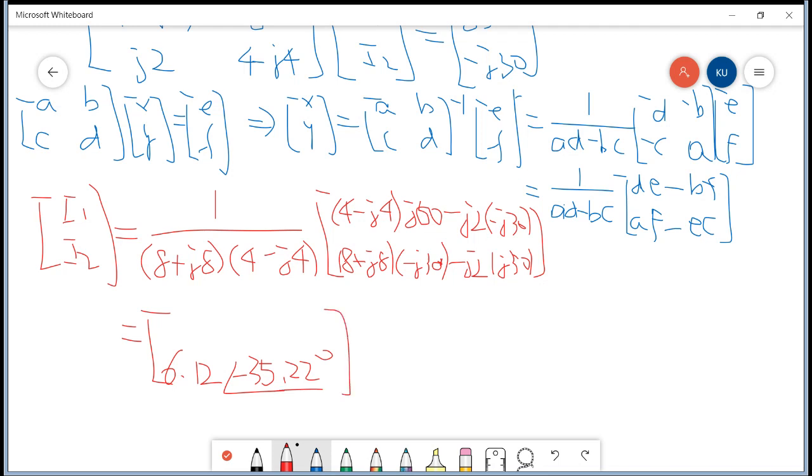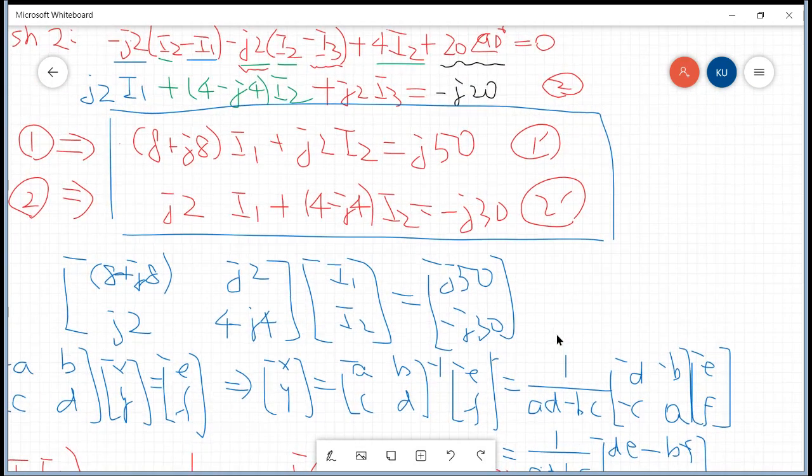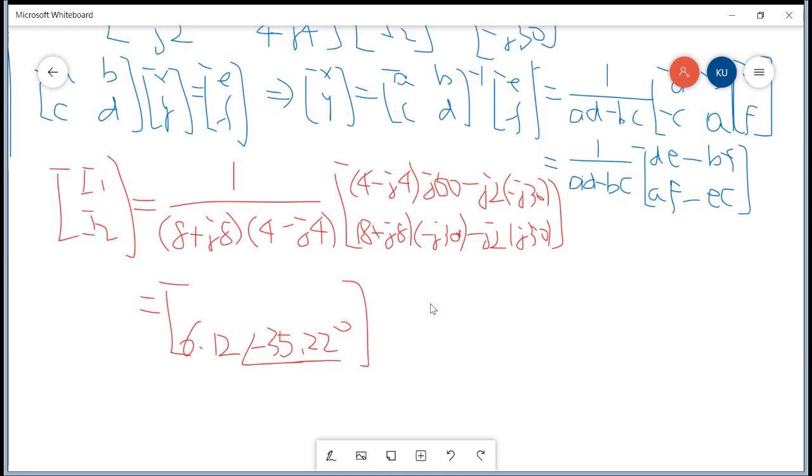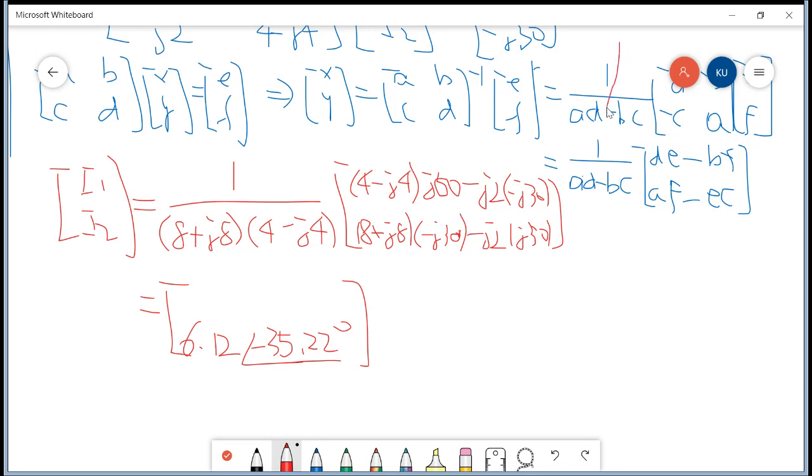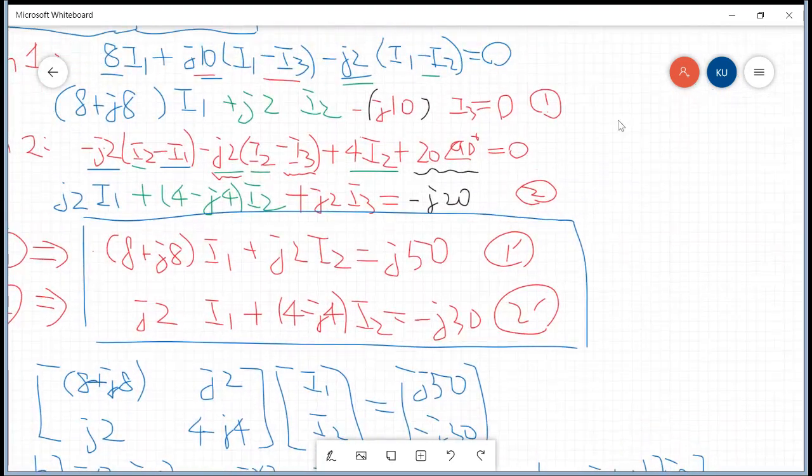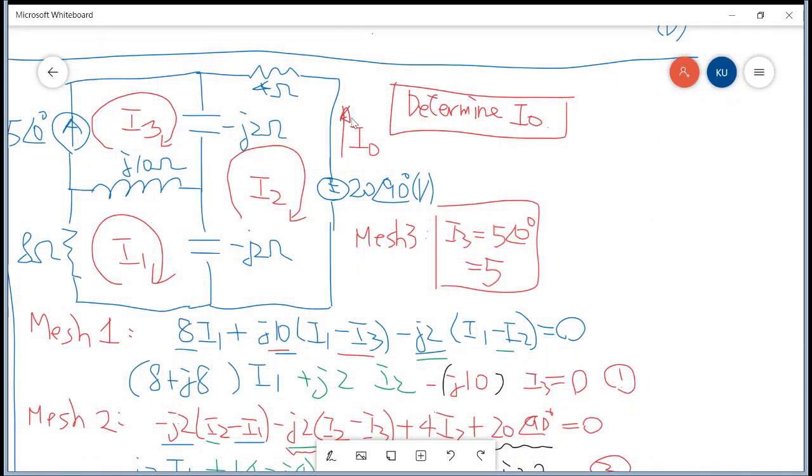And for the upper one, well, actually I1 is not really important, because we're supposed to find I0.